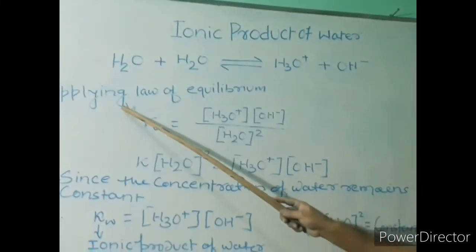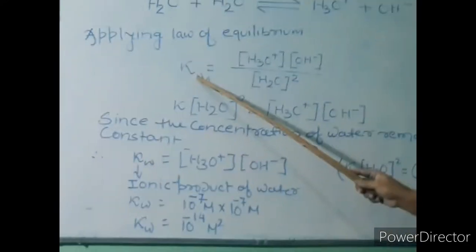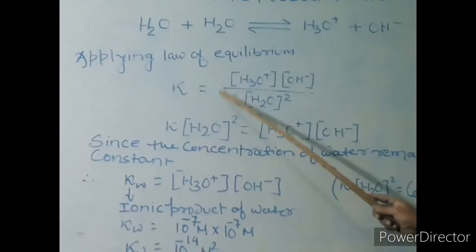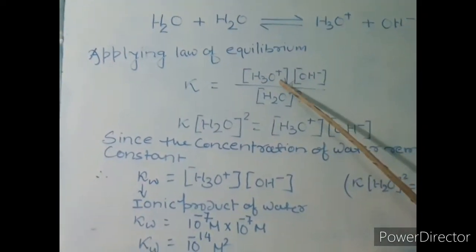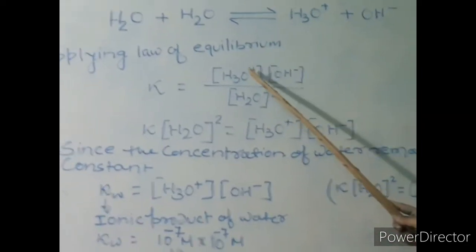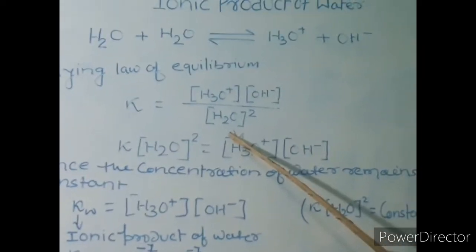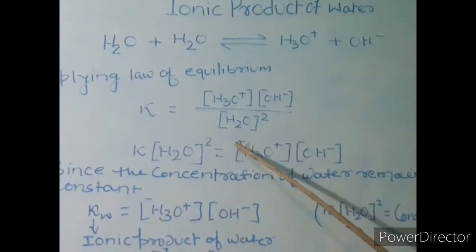Now apply the law of equilibrium constant. So K equals the concentration of hydronium ion into the concentration of hydroxyl ion. What is on the product side we write in the numerator, and what is in the reactant we write in the denominator.